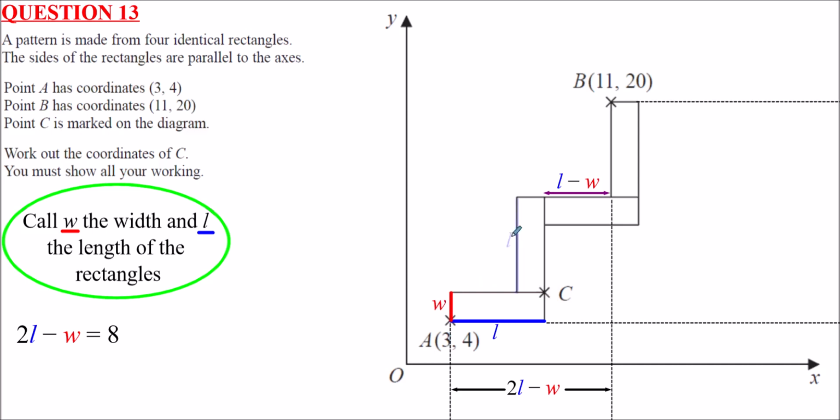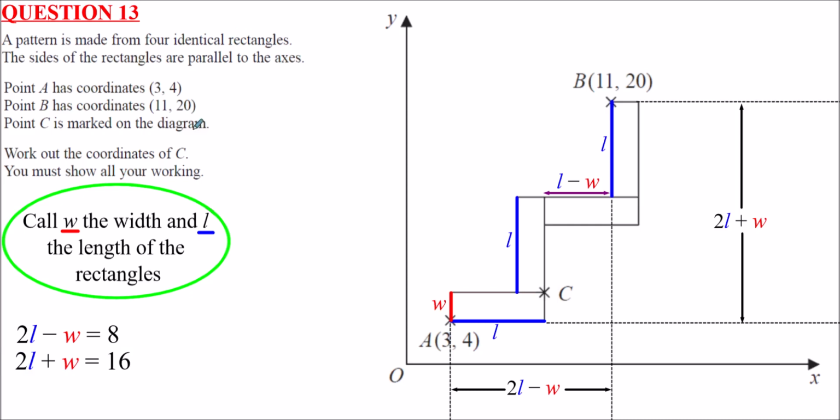But this step is a length. So width plus a length takes us to here. Then one final step more is an extra length. So width plus length gives us W plus 2L, or 2L plus W. And because that takes us from Y equals 4 to Y equals 20, 2L plus W must give us 16.